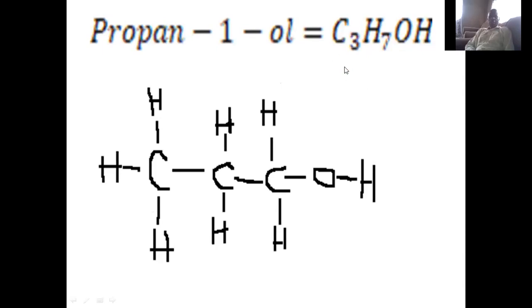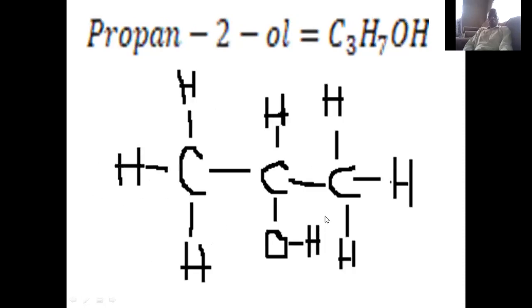Okay. Another example of an isomer is propanol, which is an alcohol. It has this formula: 3 carbon atoms, 8 hydrogen atoms, and 1 oxygen atom. Here we have positioned the hydroxyl group on carbon number 1. Similarly, if we brought it to this side, it will still be on carbon number 1.